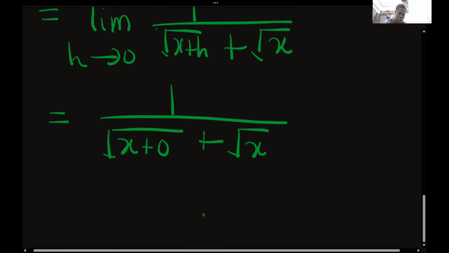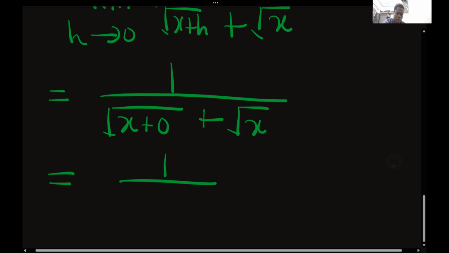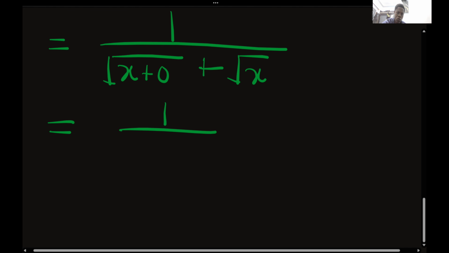So this becomes 1 divided by the square root of x plus 0. x plus 0 is x. So we are going to get the square root of x here plus another square root of x.